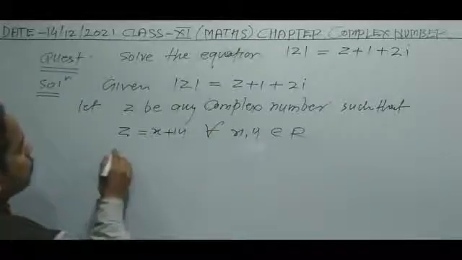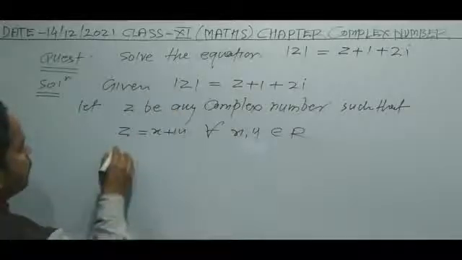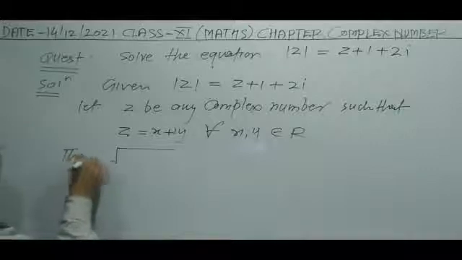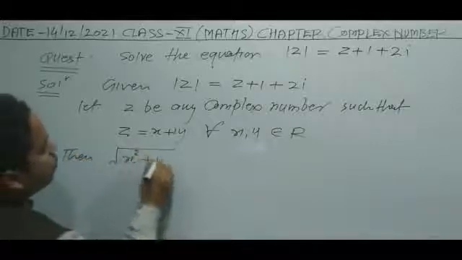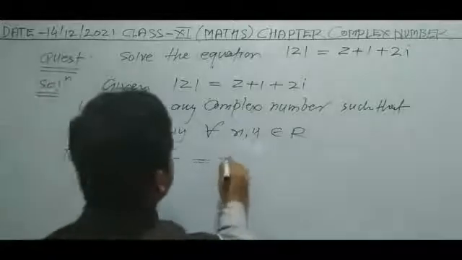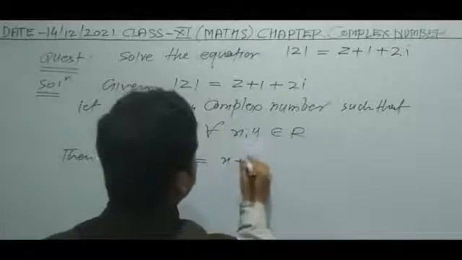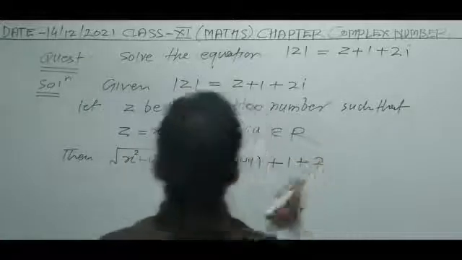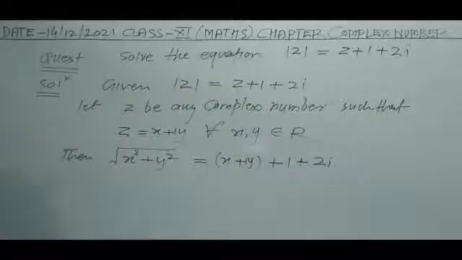Now mod of z, what can we write? Then root over x square plus y square is equal to x plus iy plus 1 plus 2i. Now we have to calculate.